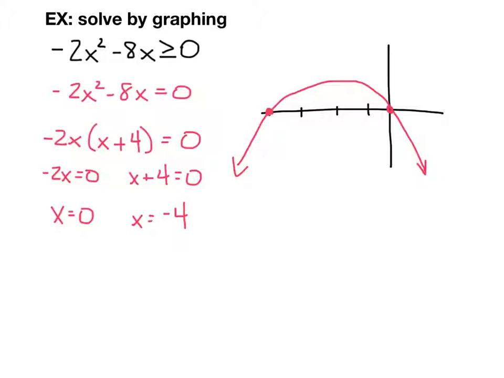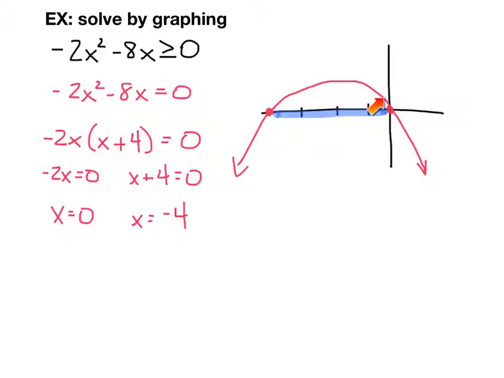Now, where are the x values greater than or equal to 0? All of these points are above the x-axis. So all of these x values will give me a value that's greater than or equal to 0, since all of this was above the x-axis.